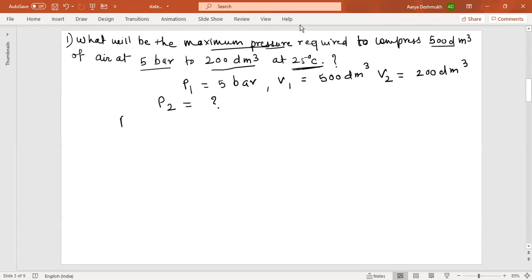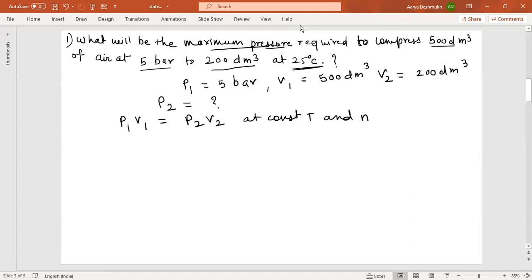The formula we have seen for Boyle's law is P1 V1 equals P2 V2, at constant temperature and number of moles.